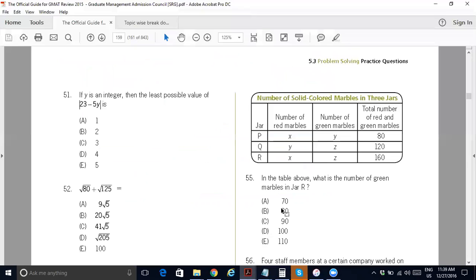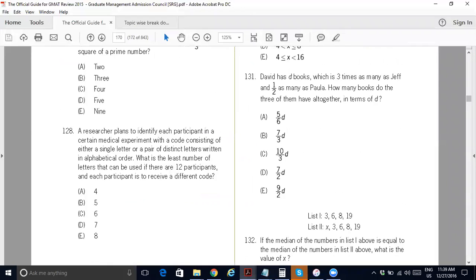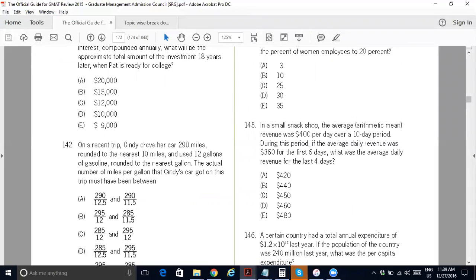Let's try a question. Question number 145 of problem solving. average daily revenue.